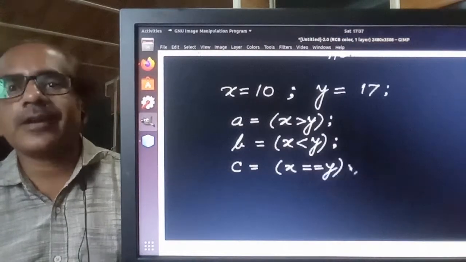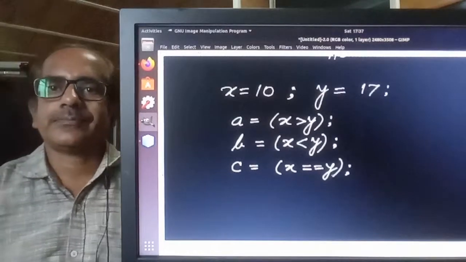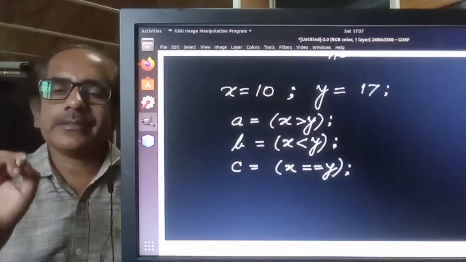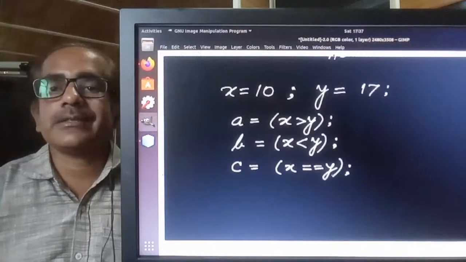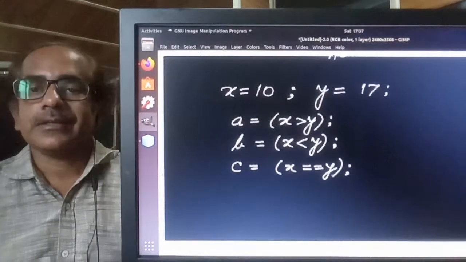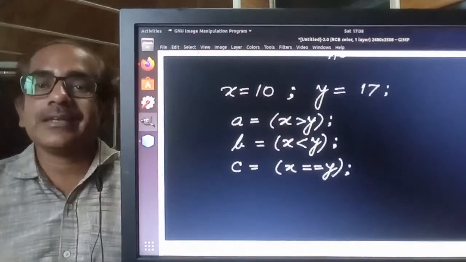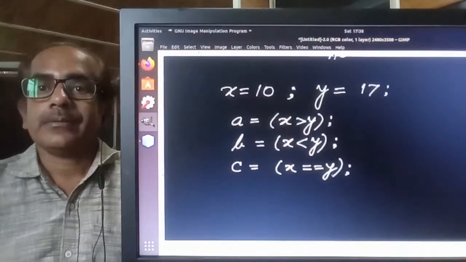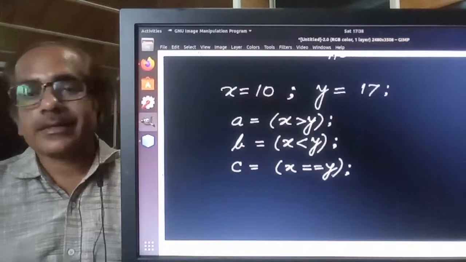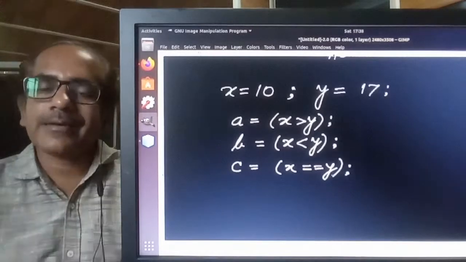They all are valid expressions. In Java, it is not so that you cannot write them. You can write the expressions exactly in this way. x greater than y, you can write, and that returns a Boolean value.